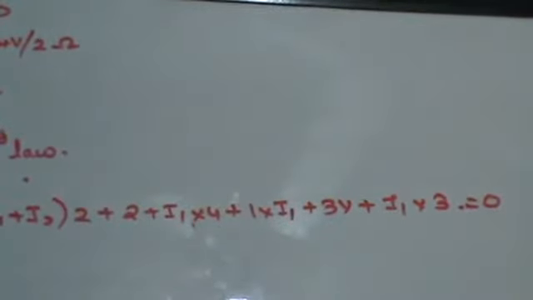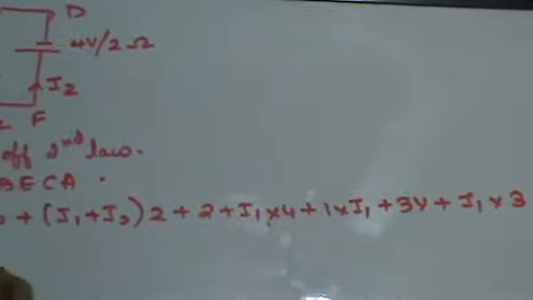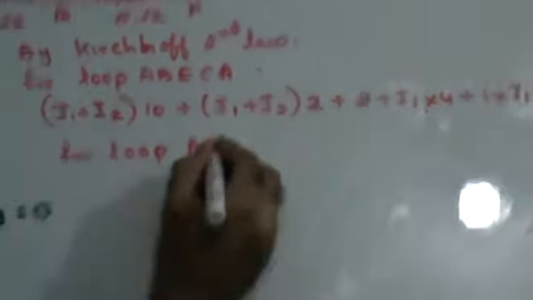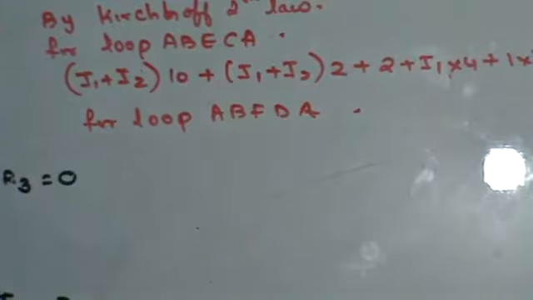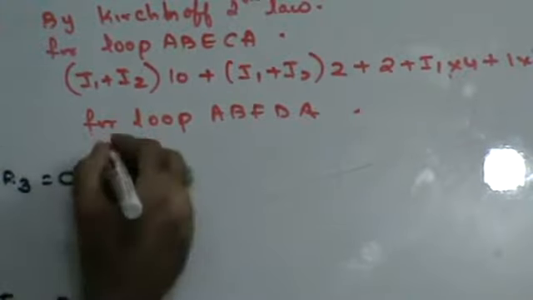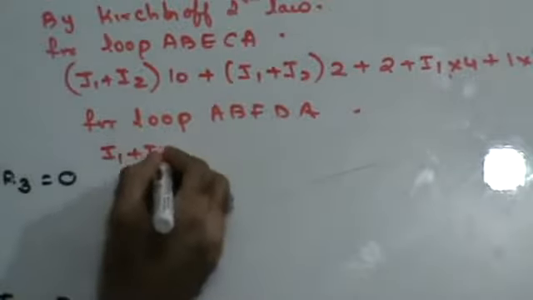Now let's consider loop A, B, F, D, A. AB. Current is entering the node at point A, therefore current will be positive.